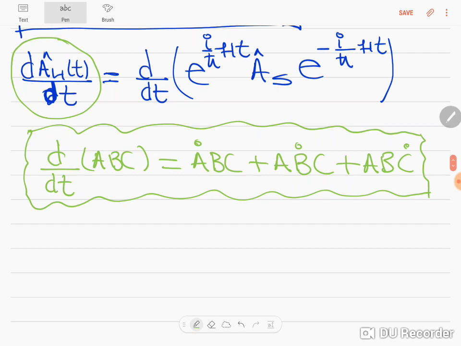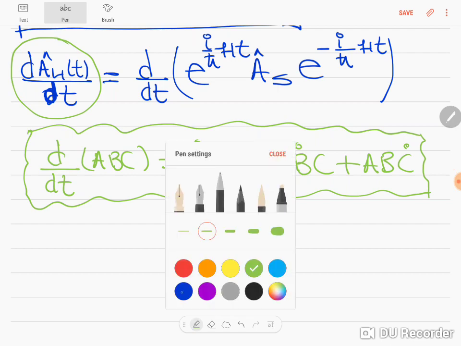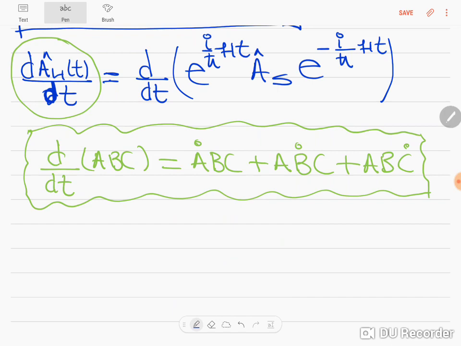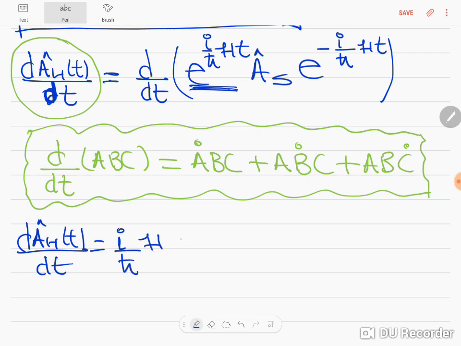Okay, so going back to that, what we have is the following. The derivative of A sub H of t is equal to the derivative of the first one, which is i over h bar H times e to the i over h bar Ht, operator A sub S, e to the minus i over h bar Ht.